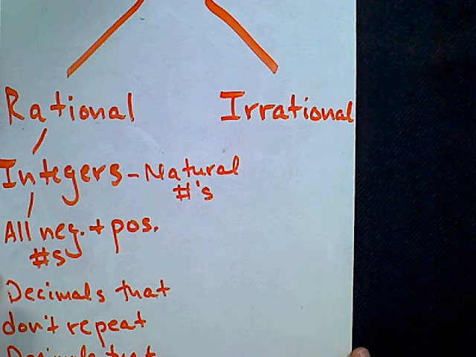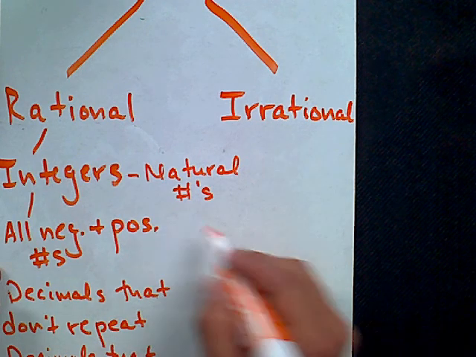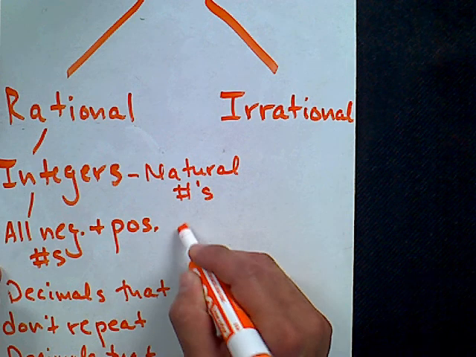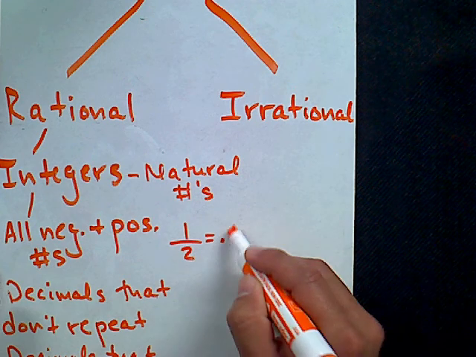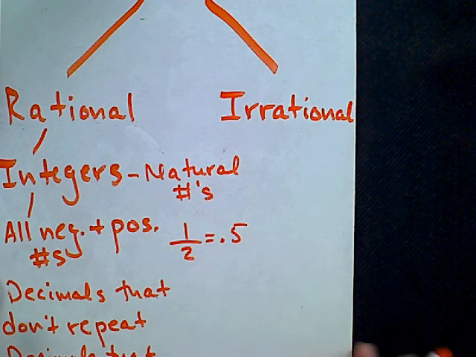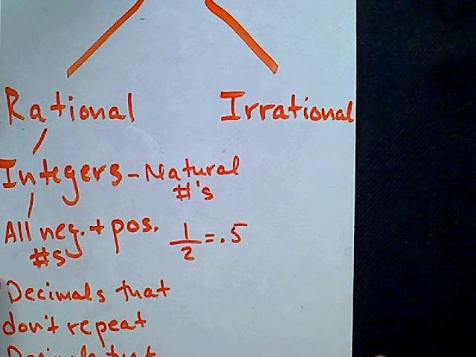So they're decimals that don't repeat, and they're decimals that, oops, you can't see that. Decimals that terminate.